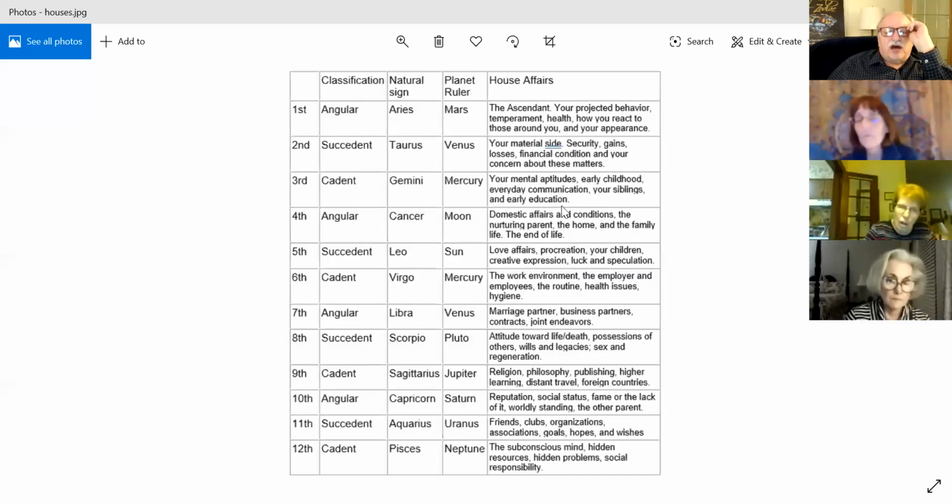The second house. Your material side, security, gains, losses, financial conditions, and your concern about these matters. Okay, can you see that they're getting those qualities from the second house of the zodiac, which is Taurus? So the third house is going to be Gemini-like.